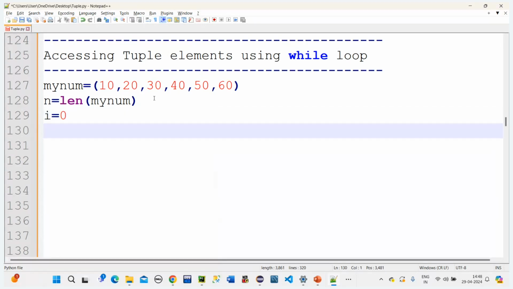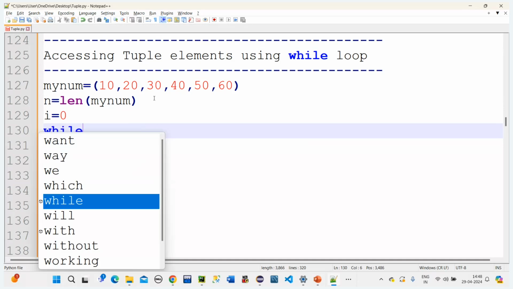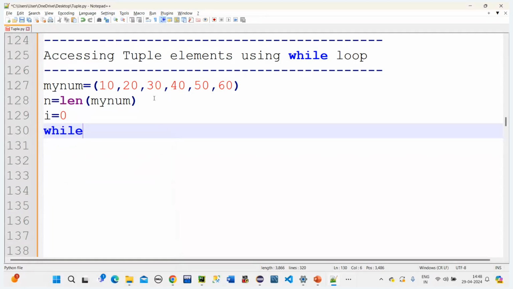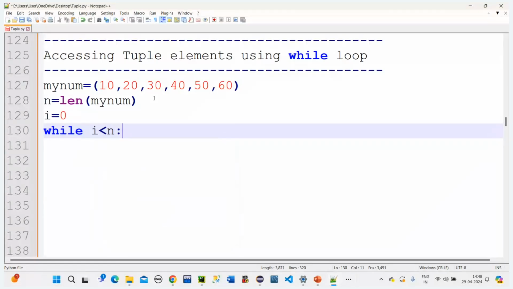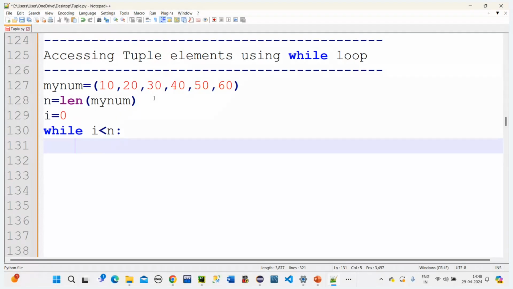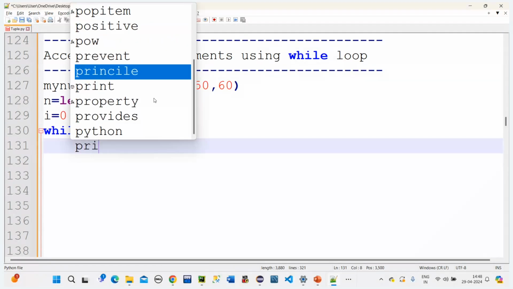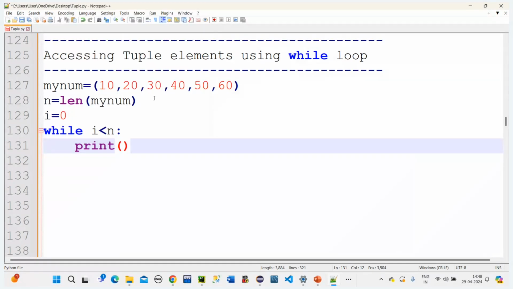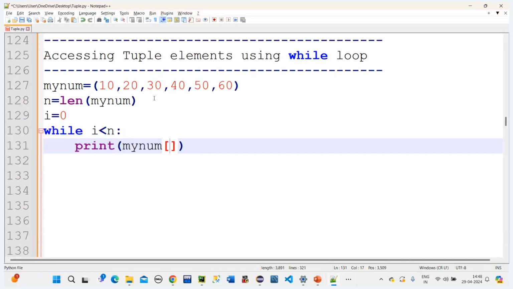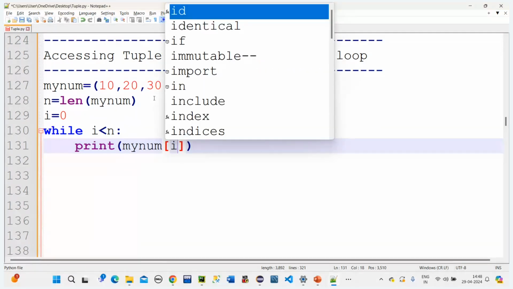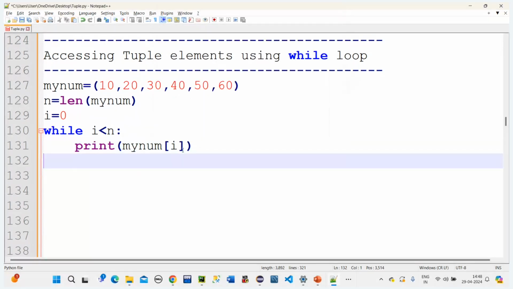First, here I'm taking while. In this while I'm giving the condition i is less than n, meaning 0 is less than n, where n is the length. Once it is less, I print my num of i, meaning 0, 1, 2, 3, as per the indexing order.